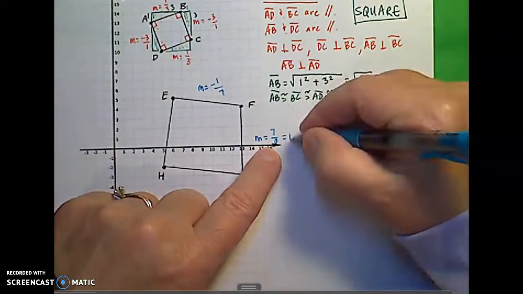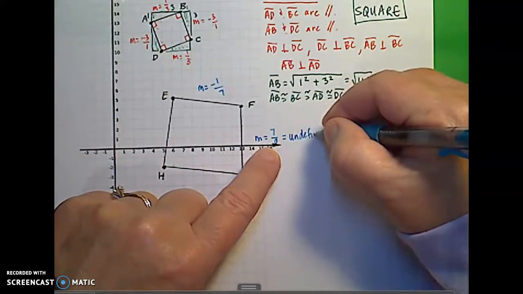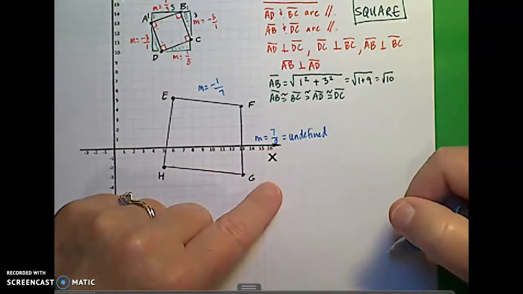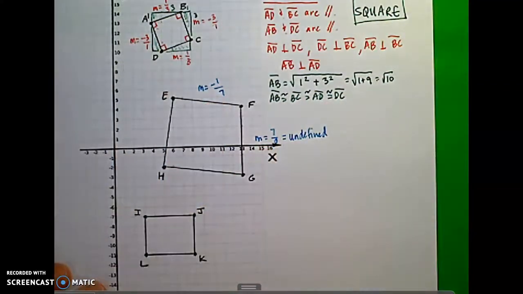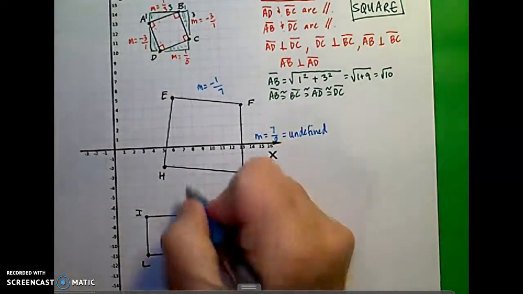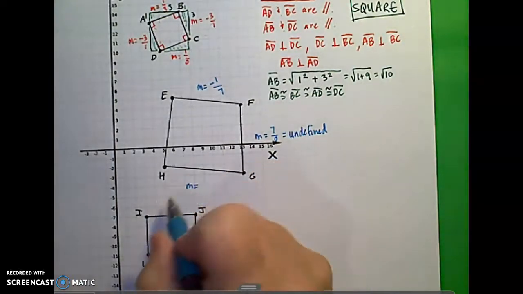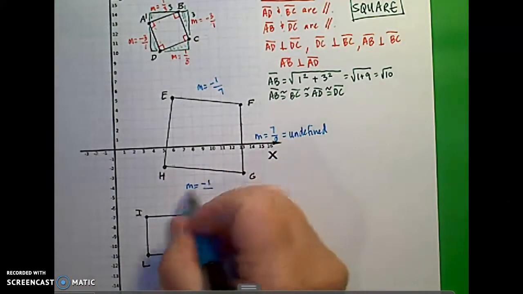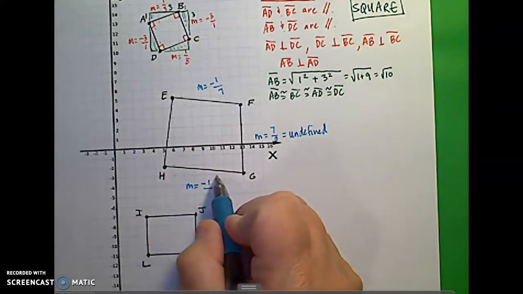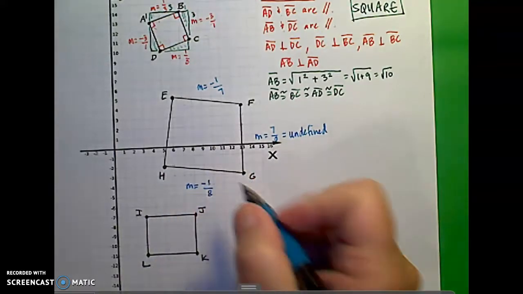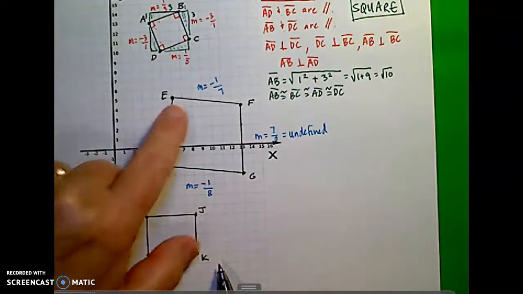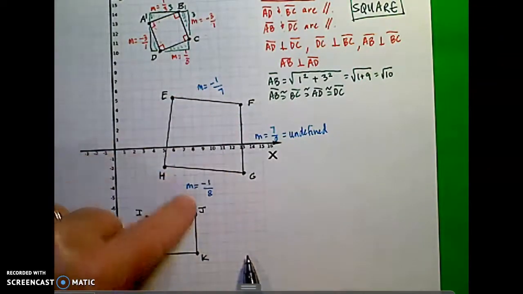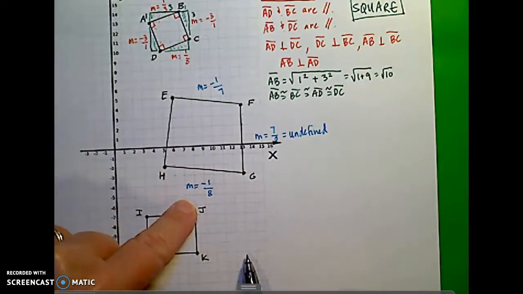So if you remember, this is undefined, vertical. So those are definitely not perpendicular. This slope here, we're going to go down 1 and over 1, 2, 3, 4, 5, 6, 7, 8. So those looked like they were going to be parallel, but they're not. They're close, but they're not. It would have to be exact.